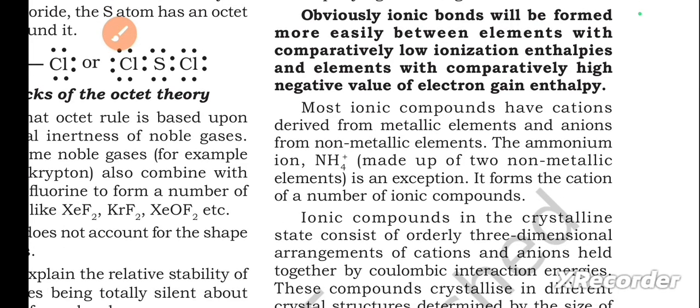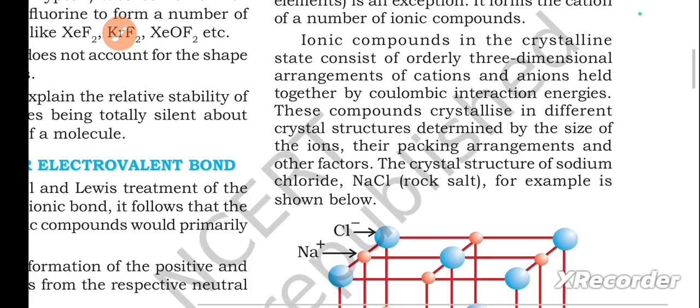Most ionic compounds have cations derived from metallic elements and anions from non-metallic elements. The ammonium ion, NH4+, made up of two non-metallic elements, is an exception. It forms the cation of a number of ionic compounds.